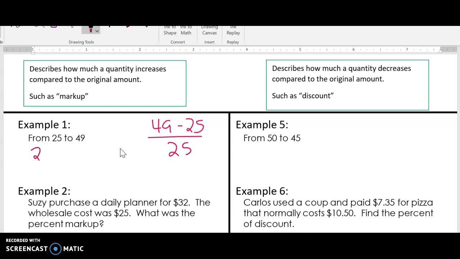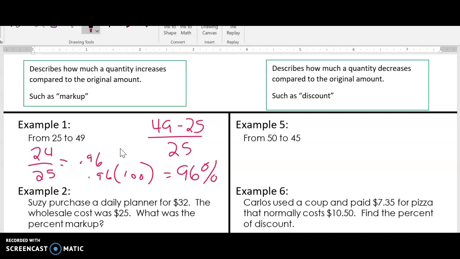So that is 24 over 25, and that equals 0.96, but I want that as a percentage. So I'm going to have to take 0.96 and multiply it by 100, which is a 96% increase.